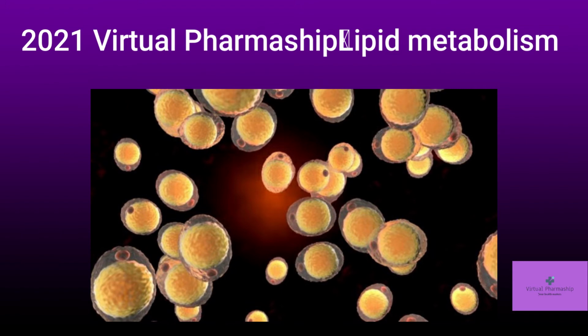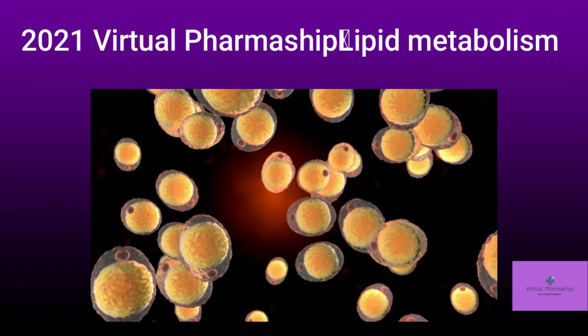For your information, the LPL needs an apoprotein called ApoC2 to function, a component of VLDL and chylomicron, which activates the LPL. HDL does something very nice. It removes free cholesterol from cells. There is an enzyme called LCAT, lecithin cholesterol acyl transferase, which transforms cholesterol to esters through an esterification reaction.